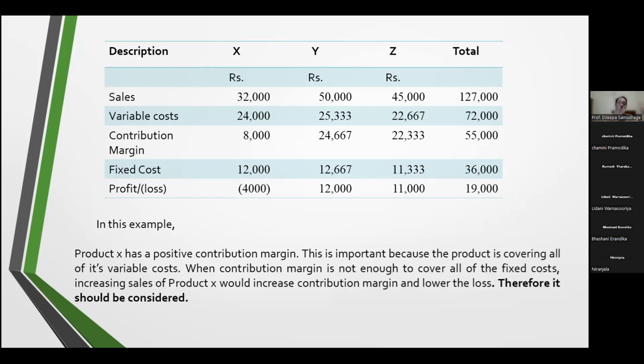You have to divide your page into two, and you have to say, if you continue, this is the impact to profit. If you stop X, this is the impact to profit, right? Here you explain using only one slide, but you can divide it. So total impact is 19,000.